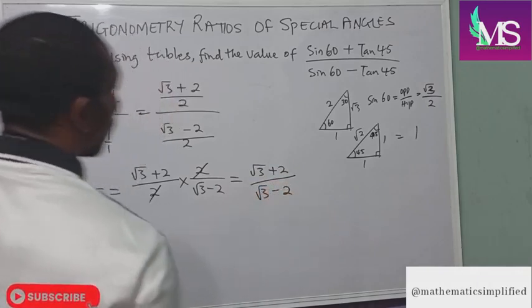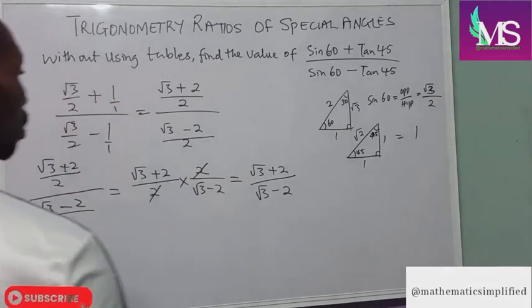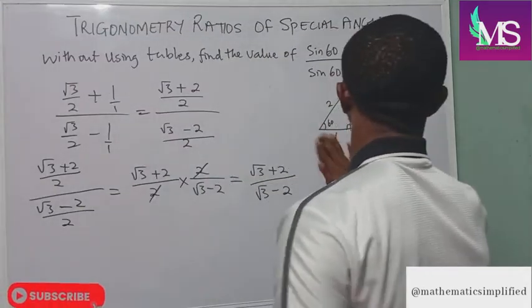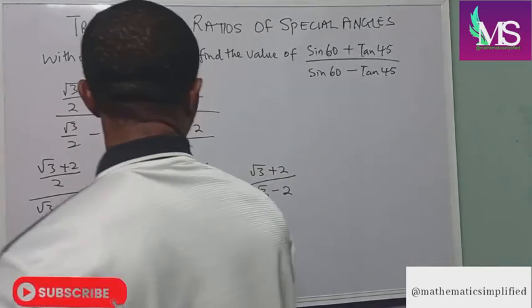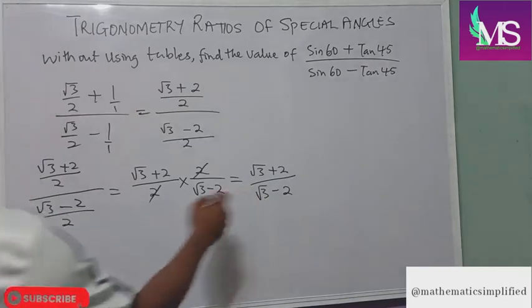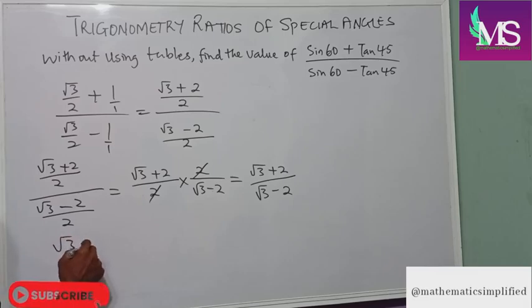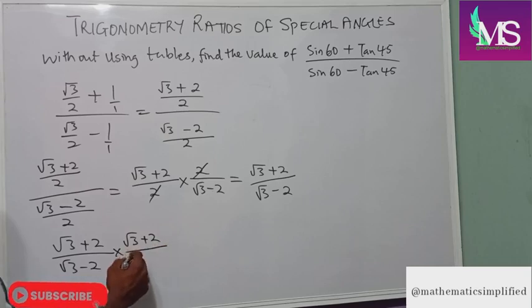Now from here we can rationalize our question. If we rationalize this, we are going to have root 3 plus 2 all over root 3 minus 2 times root 3 plus 2 all over root 3 plus 2.